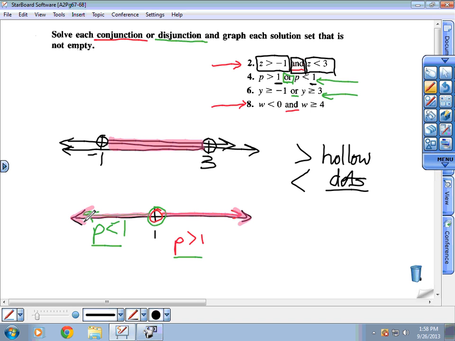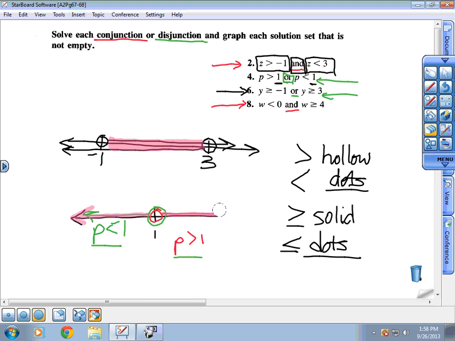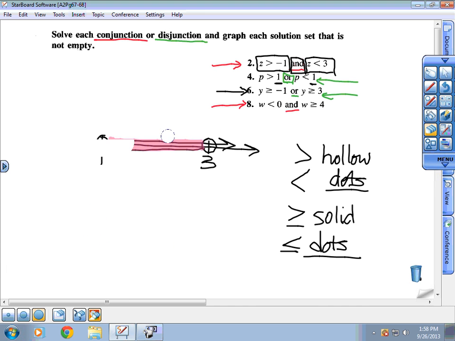Okay, next, here's another disjunction, number 6. When we have greater than or equal to or less than or equal to, we have solid dots on our graph. So that's how we're going to do those. Let's get rid of these and go back and do those number lines.